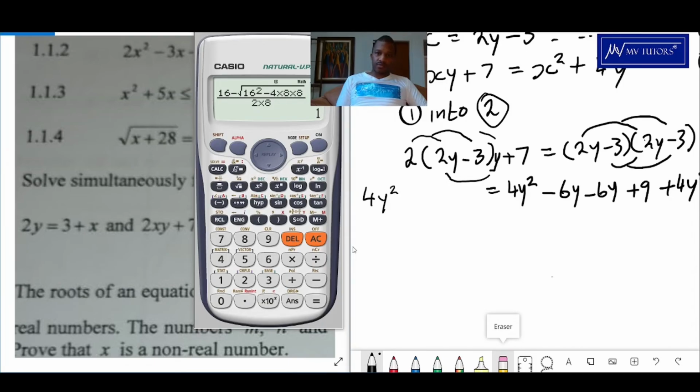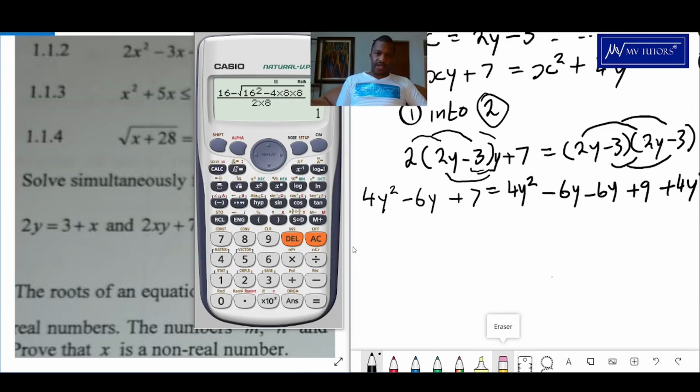And then the next one, it's 2 times -3, which is -6, and then I've got a y as well to multiply with here, so it's -6y, and then this plus 7 is outside. Okay, we're all good now.